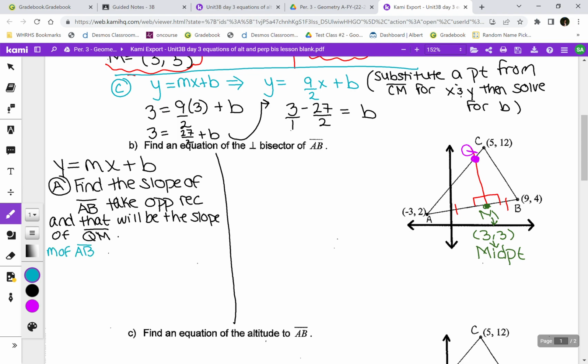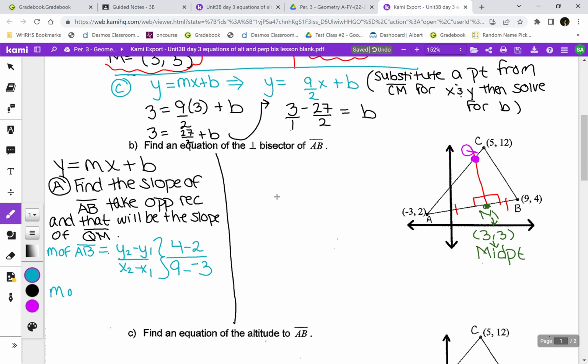So I'm going to say slope of AB is going to be y2 minus y1 over x2 minus x1. I'm going to plug in my numbers. Am I going too fast? Are y'all still writing? We're okay? All right, so I'm going to have 4 minus 2 over 9 minus negative 3.